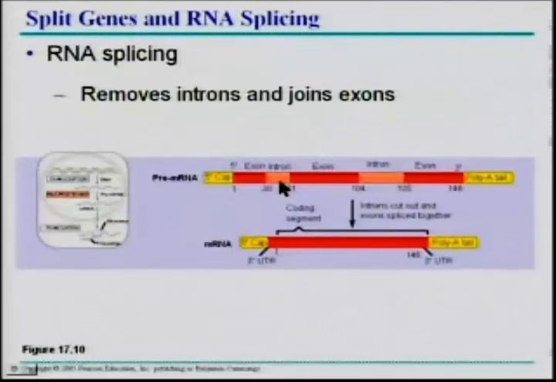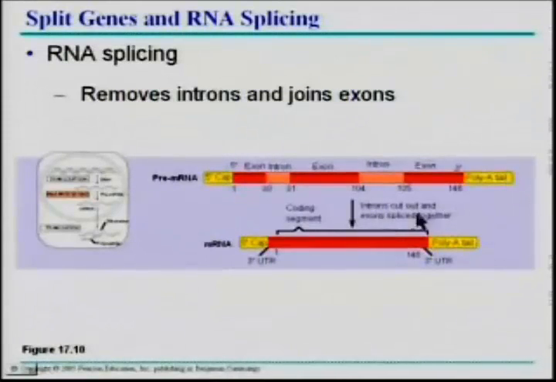For interaction with the ribosomes, that's what we're talking about here. You've got to excise those and then splice back together the portions that represent the exons only of the messenger RNA, and exons within the original gene.